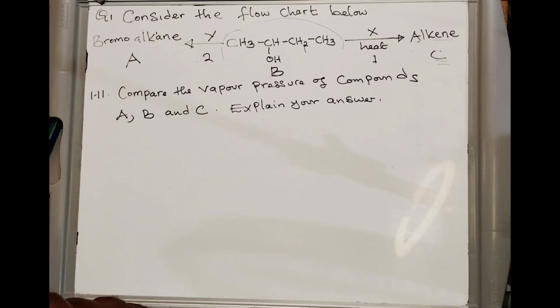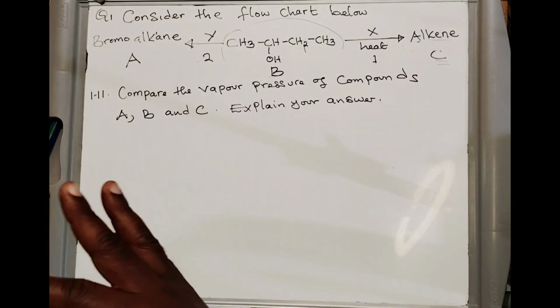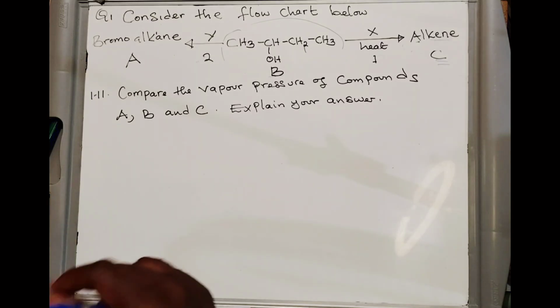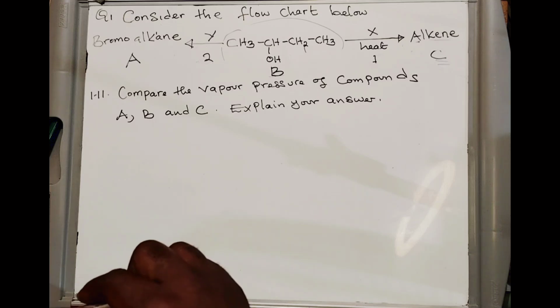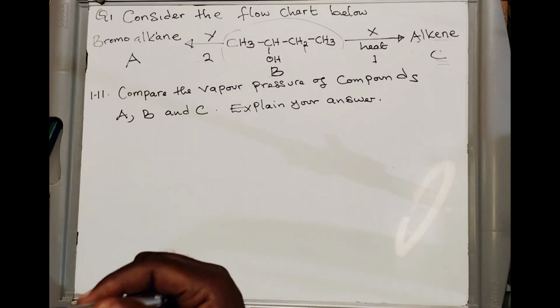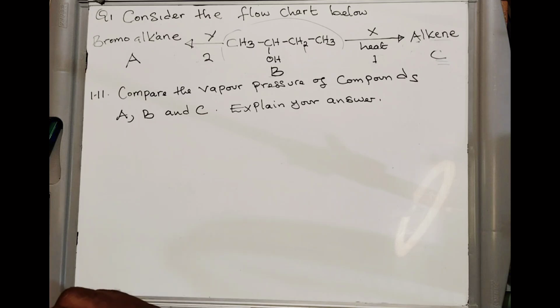The stronger the intermolecular forces, the less is the ability for the intermolecular forces to break and release the vapor. We normally see that the stronger the intermolecular forces, the less is the vapor pressure. And that's going to be the trend.